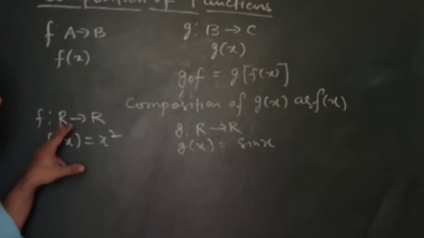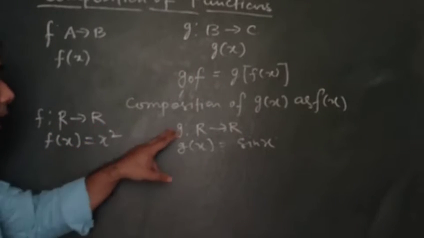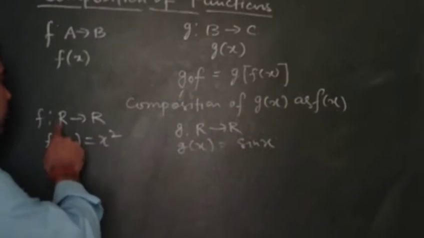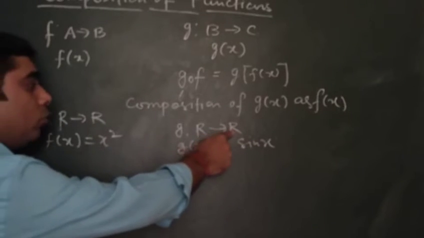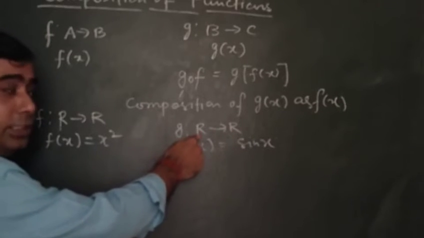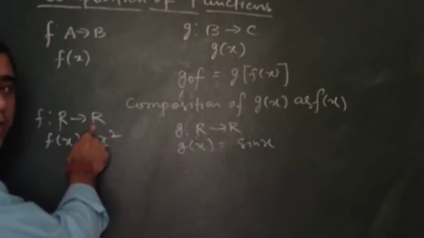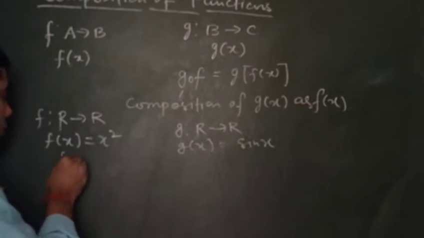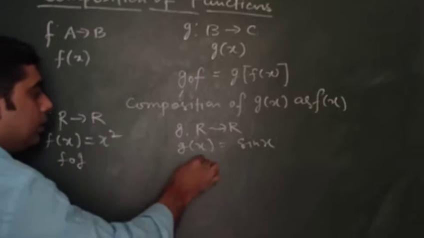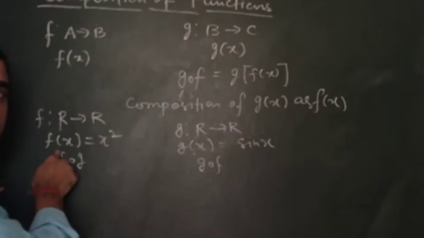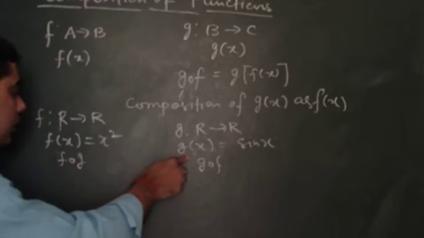So the domain of g is equal to the codomain of f, and also the domain of f is equal to the codomain of g. So here we can write both f of g and g of f. We can write g as a function of f and f as a function of g.